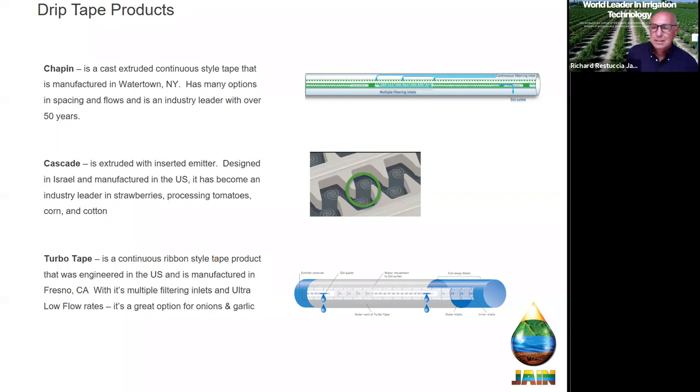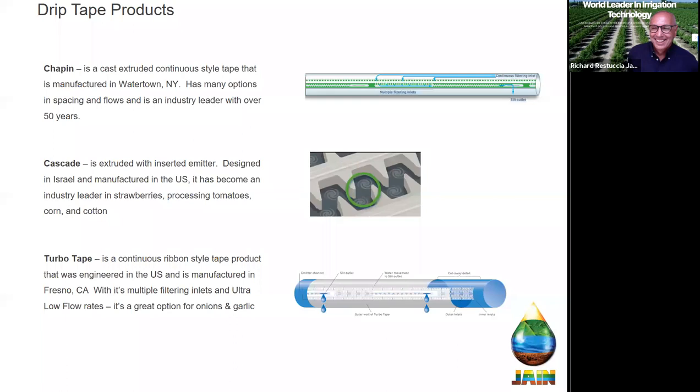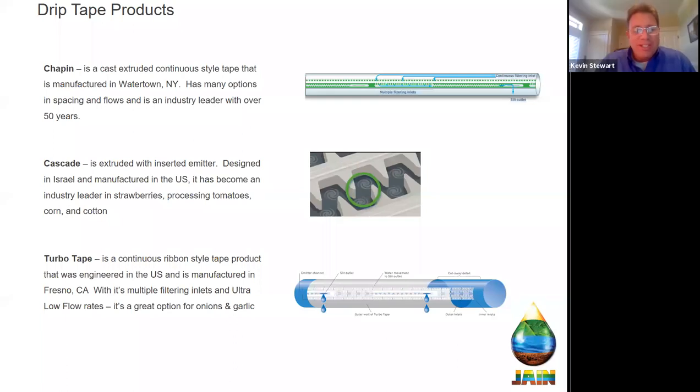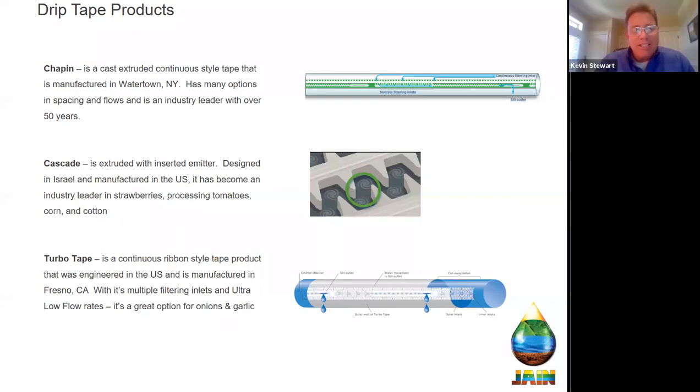The first one I wanted to talk about was Chapin, which we actually make in upstate New York, in Watertown, New York. And if anyone wants to visit, I'm taking reservations for the winter time. It's a bit of a challenge to get up there in the winter, but it's a phenomenal place. They've been in existence, making product for over 50 years.